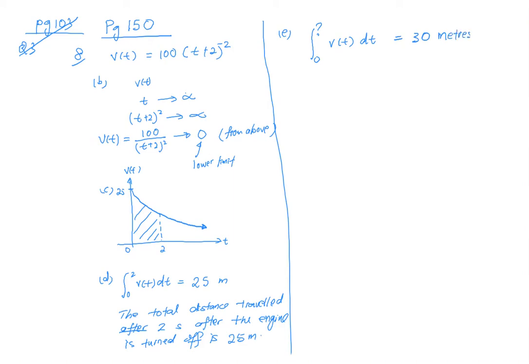Okay, so now, how to do this? You can put in the number. You can do FnInt, trial and error until you get it. Or you can use your solver. Everyone, go to your solver.